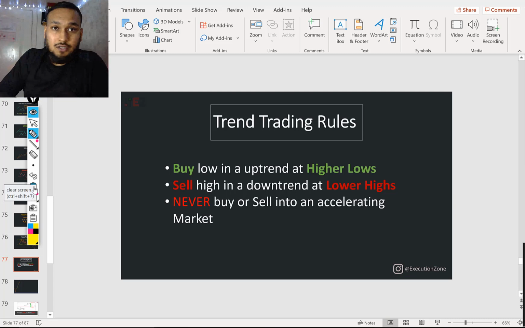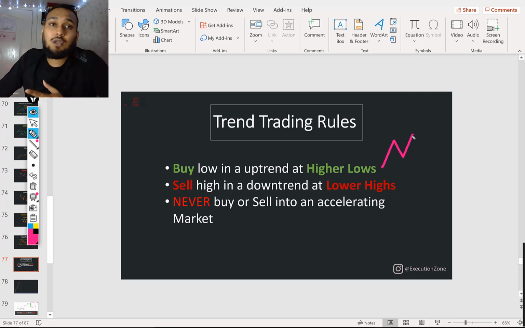Except in the opposite direction. You want to sell as high as you can in a downtrend, but you don't want to be selling in an uptrend. The exception is this: let's say price is trending upwards, higher highs, higher lows.